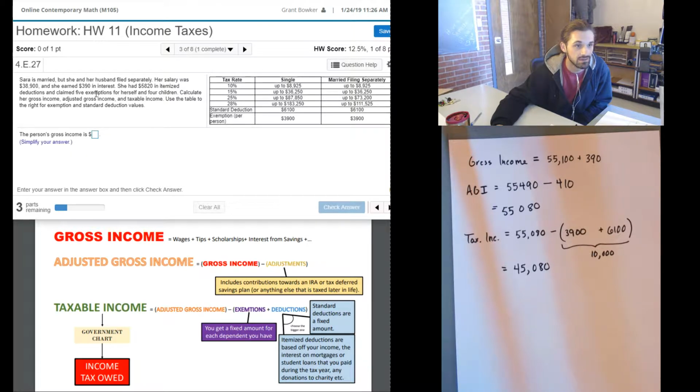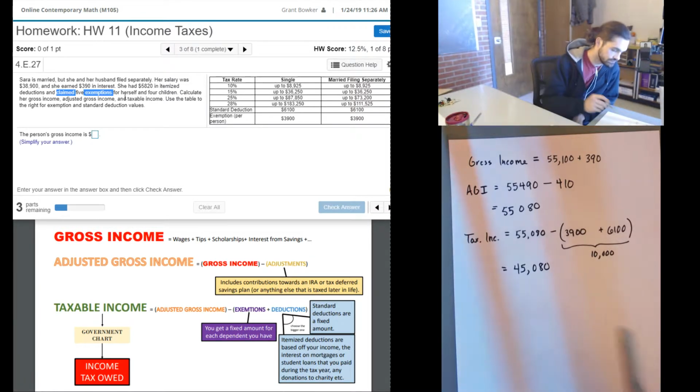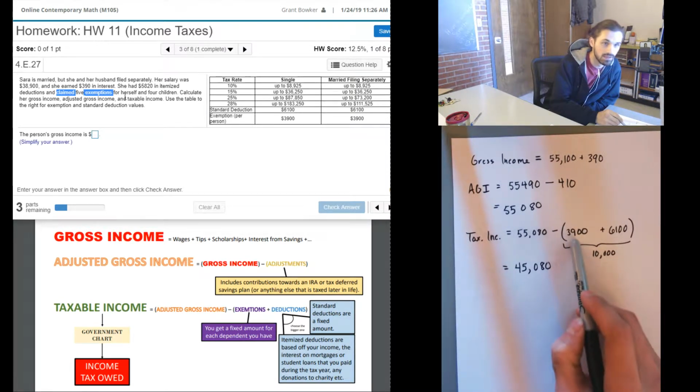The primary distinction here is the claiming of 5 exemptions for herself and 4 children. When you look at these exemptions, you get $3,900 for each exemption.